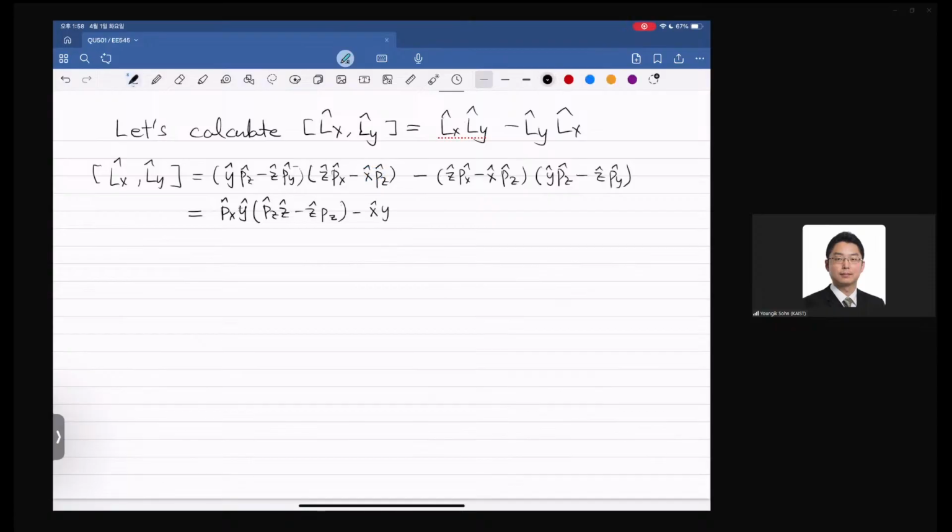Then there will be xy pz square. I'm swapping their orders a little bit, but keep in mind that I'm only doing that when I can use that commutation relationship of 0. Then you can swap orders. And there will be xy pz square, so this one will cancel out.